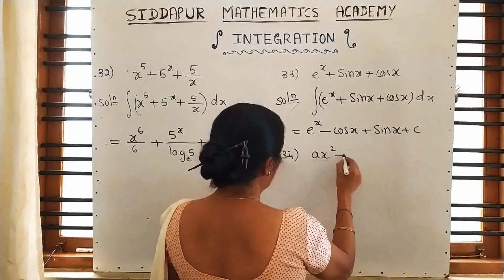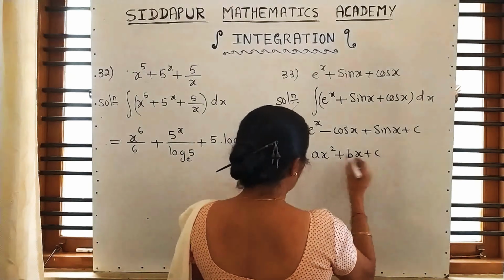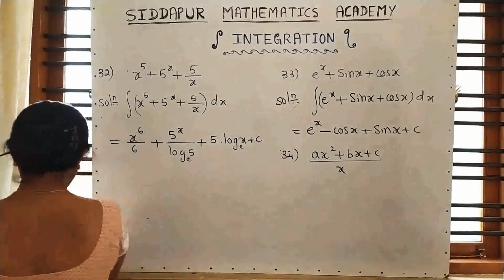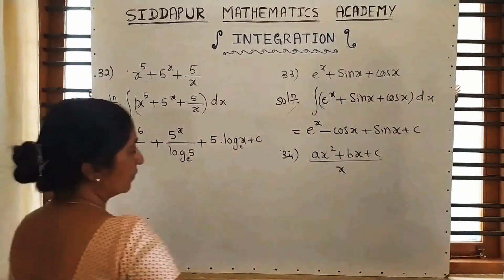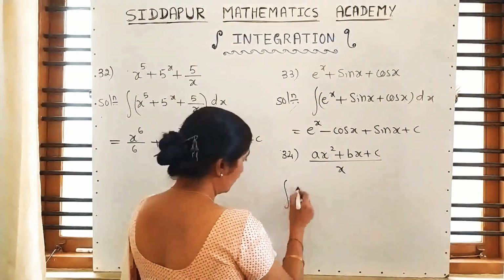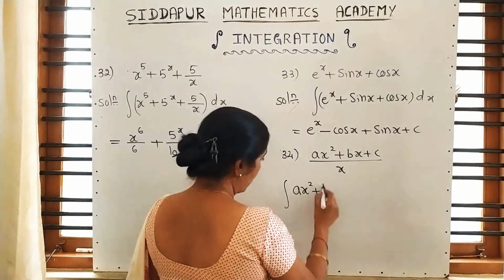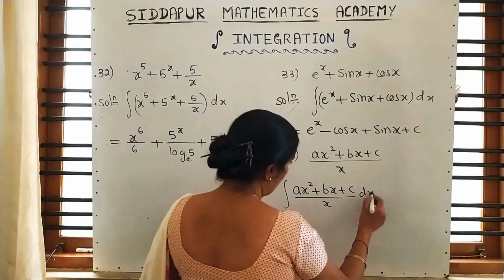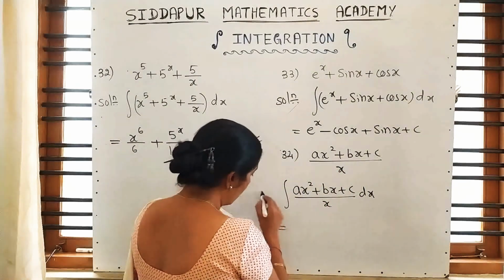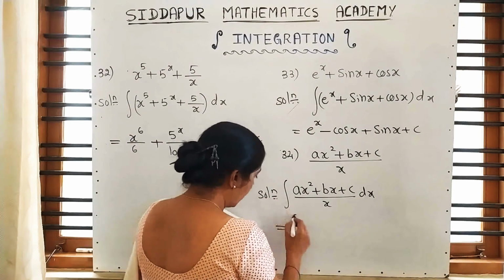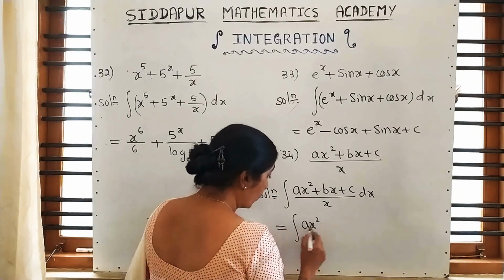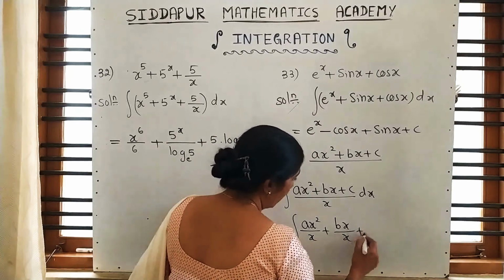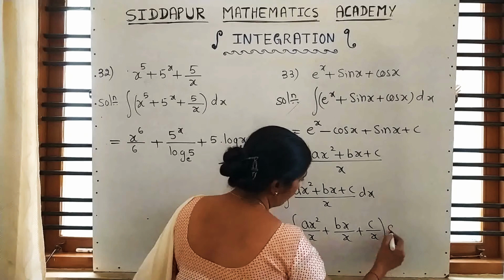Integral of (ax square plus bx plus c) upon x. First with integration sign: ax square plus bx plus c upon x. As we know that we don't have the u by v method. We have to make it suitable for integration, by adjustment, by adding, by subtraction, like that.